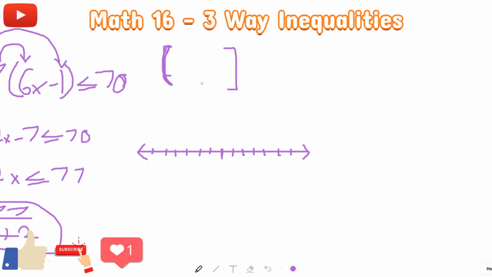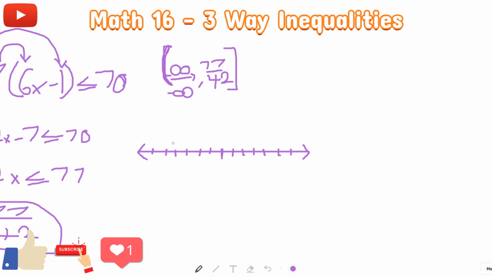We can put the comma in the middle, and then we can simply write an infinity symbol with an arrow pointing to the right, or a negative infinity, then a 77 over 42.